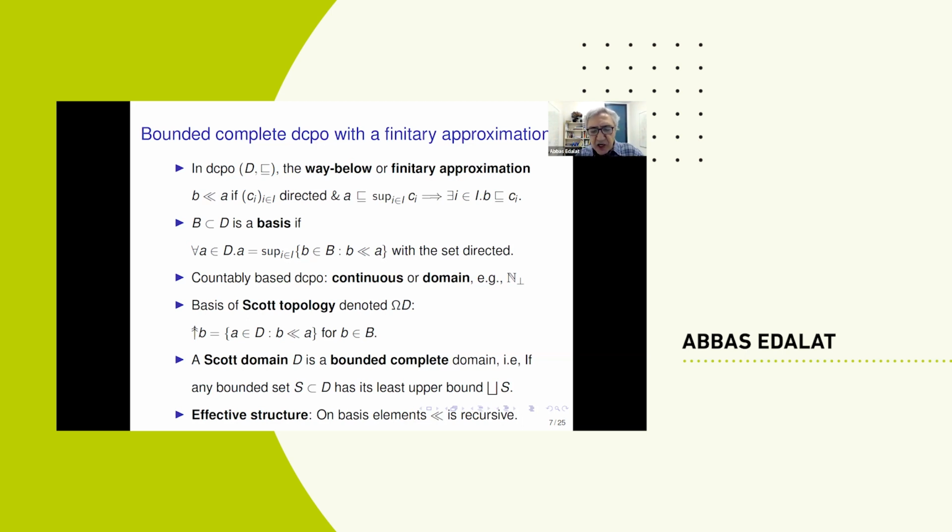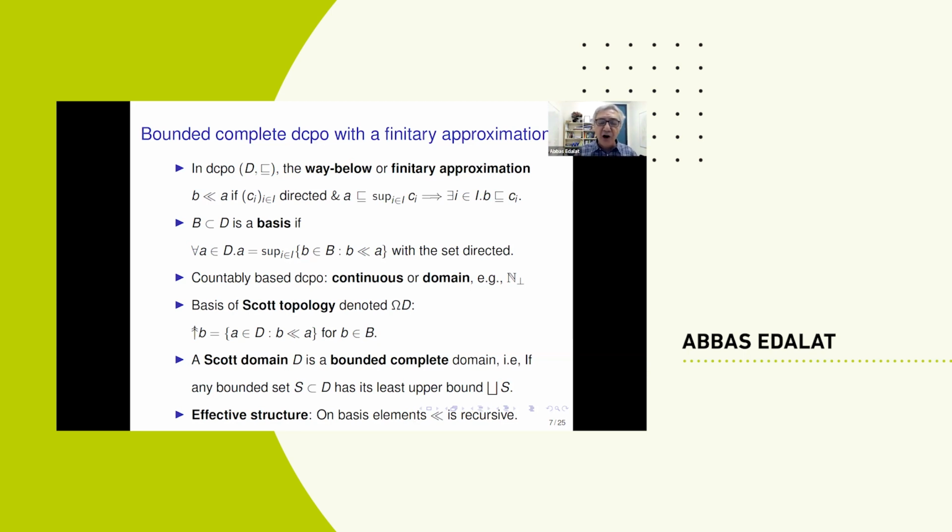And the key important issue here is that Scott domains can have an effective structure. So you create an effective enumeration of the basis elements, and you stipulate that this enumeration gives you a recursive set for the way below relation. So that gives you an effective structure for the Scott domain.